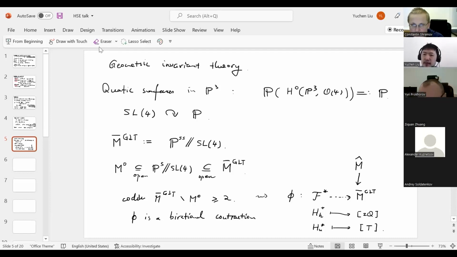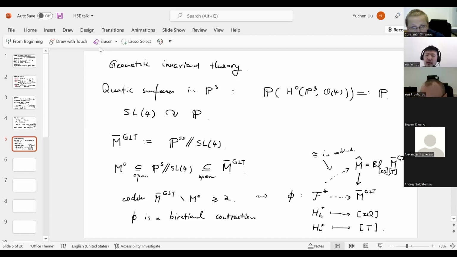So this is a blow up of M bar GIT at these 2 points, 2Q and T, which is in the I current. Then you have this rational map from F star to M hat, and this map here is an isomorphism in codimension 1.